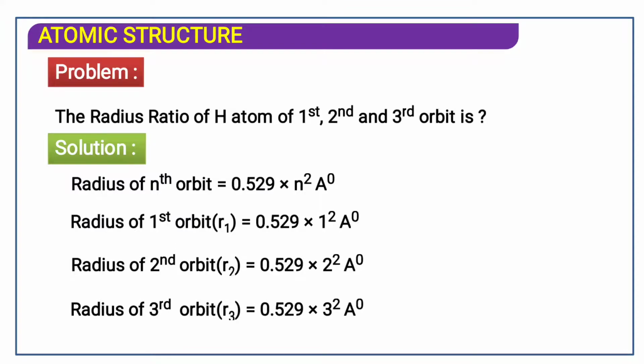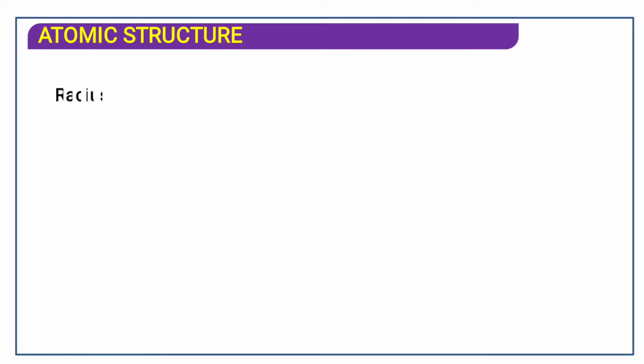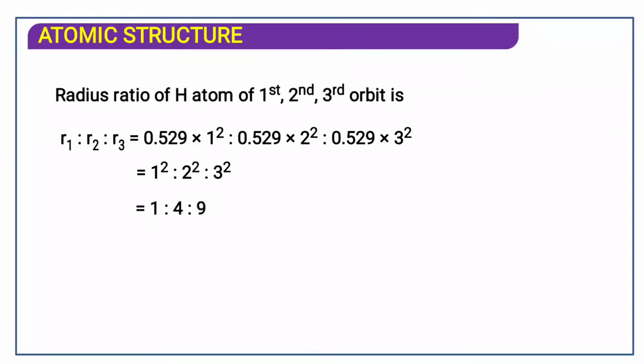If we consider it in joule, the value will change, and so on. If it is in Angstrom, that is why it is 0.529. So R1 is to R2 is to R3 will be 1 is to 4 is to 9.